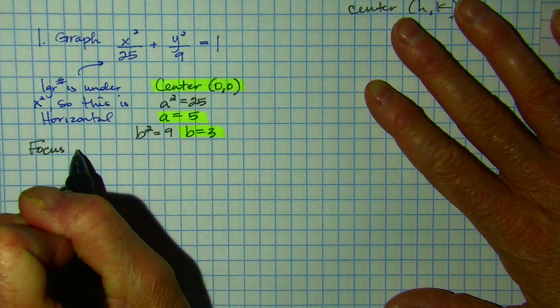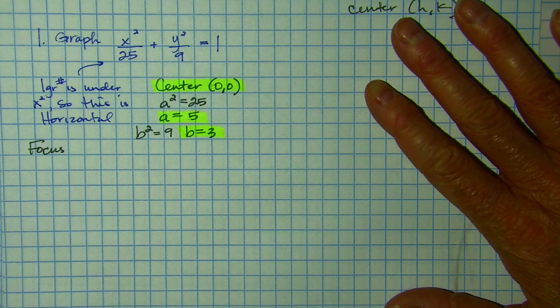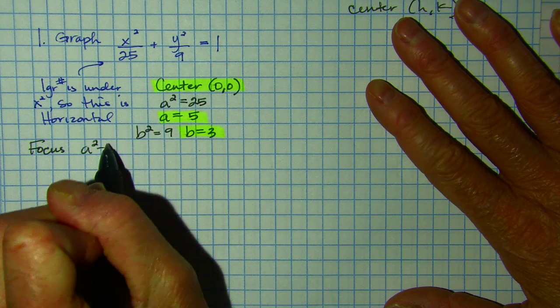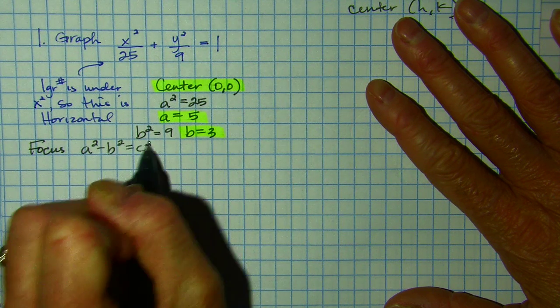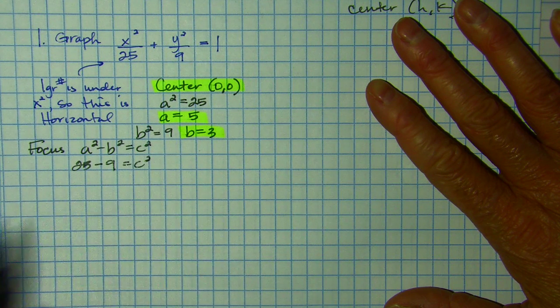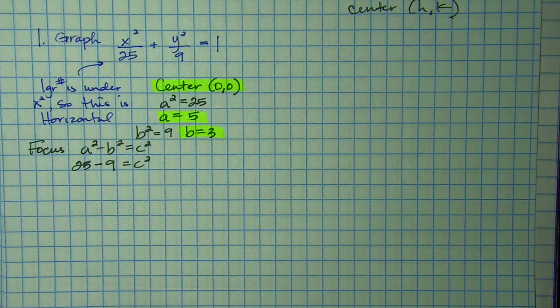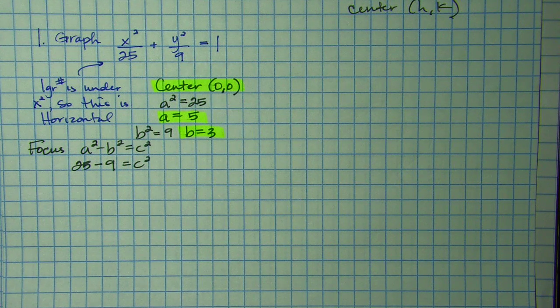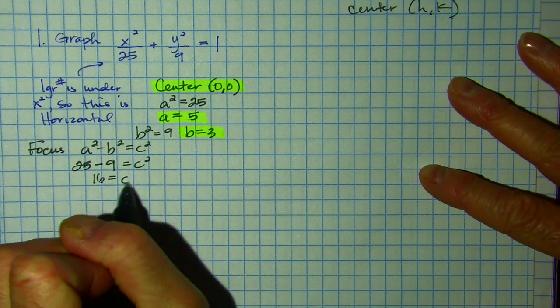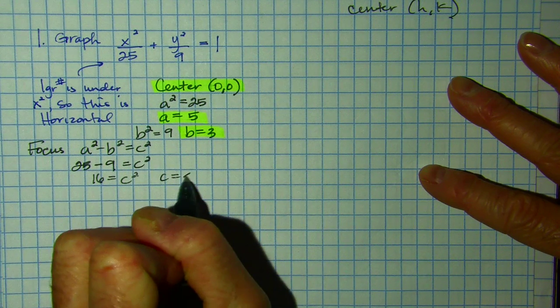Just like we did when we did the parabola, we had a focus and a directrix. I have a squared minus b squared equals c squared, so 25 minus 9 equals c squared. 25 minus 9 is 16. And so c equals 4.